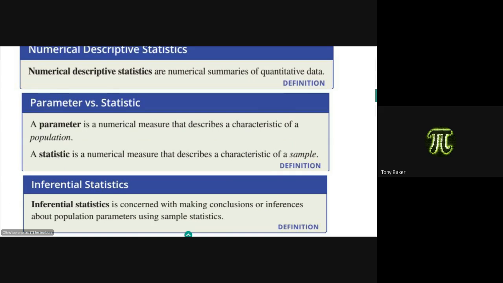So descriptive statistics is about what we're looking at specifically. And then if you take that and try to infer something about something else, then we move into inferential statistics. And that's when we get to the chapter 8s, 9s, 10s. That's when we're going to be doing that type of stuff. So right now we're going to be focusing on descriptive statistics. Okay.